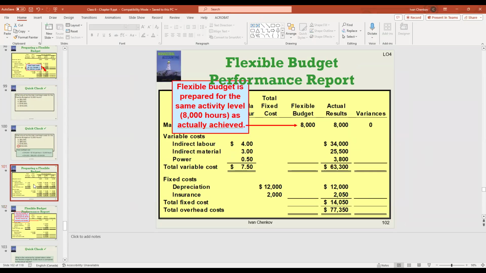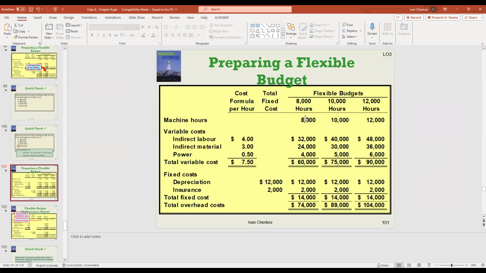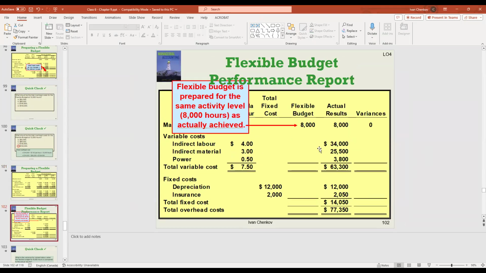Based on our budget, if we use the machine for 8,000 hours, we expect our total variable indirect labor cost to be $32,000. In reality, our indirect labor cost is $34,000.